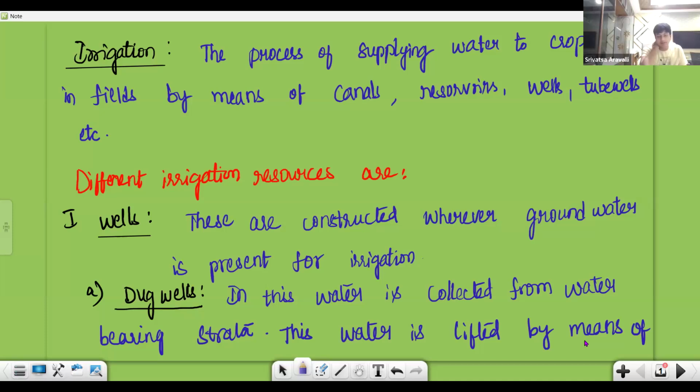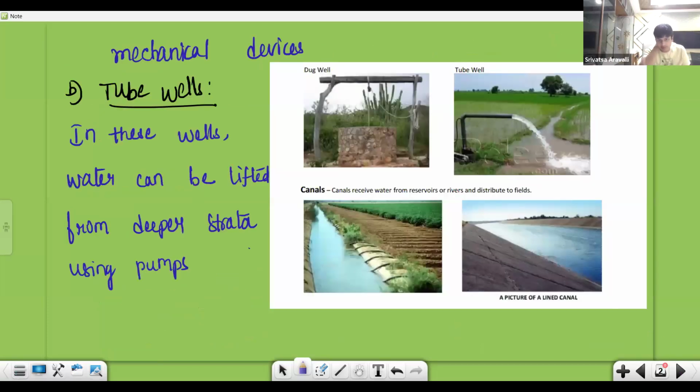Dug wells are wells where bodies are there, right? Inside that, dead bodies. Dug wells have mechanical devices, right? In these wells, water can be lifted from deeper strata using pumps, right?